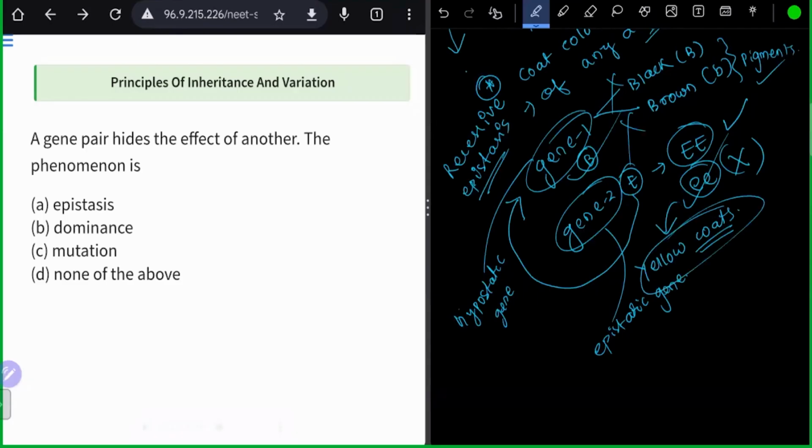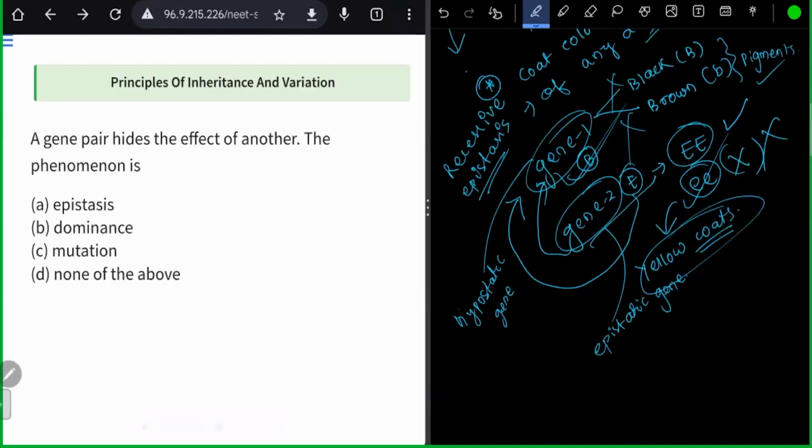It is a yellow coat, regardless of gene B, because no pigmentation is there. So gene E is epistatic to gene B, right?